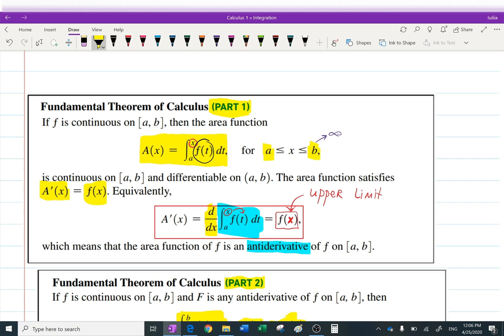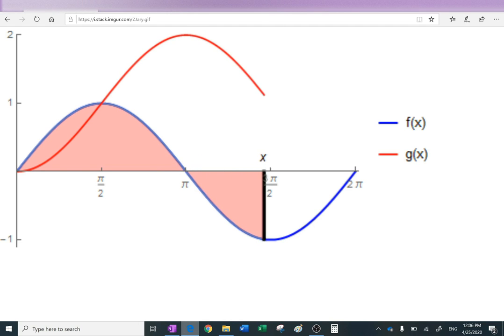And again, look at this cool animation over here. The upper limit, or the right part of the interval, is not fixed. So the areas keep accumulating. This area now is not a number, it's an area function. Since it's a function, we can differentiate it or even integrate it. What's going to happen if I differentiate that function?